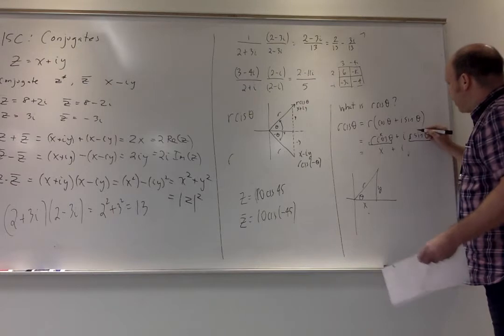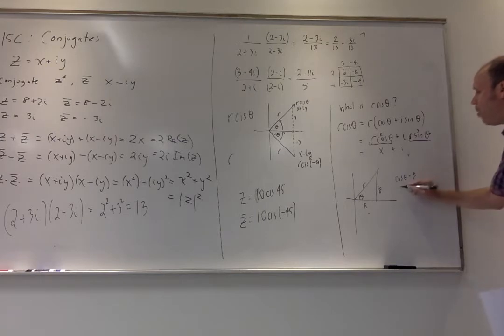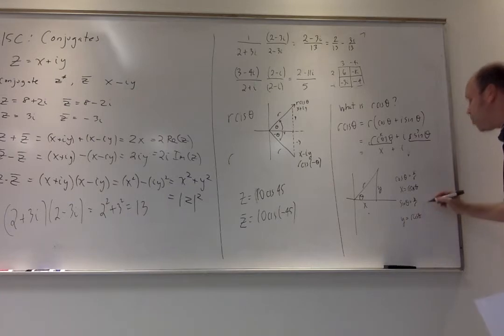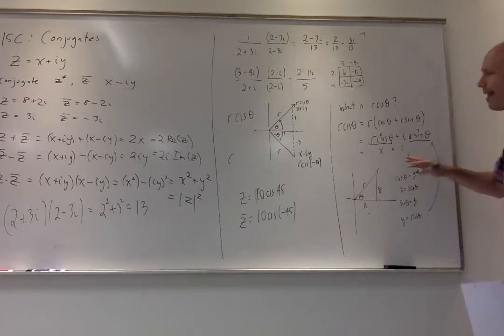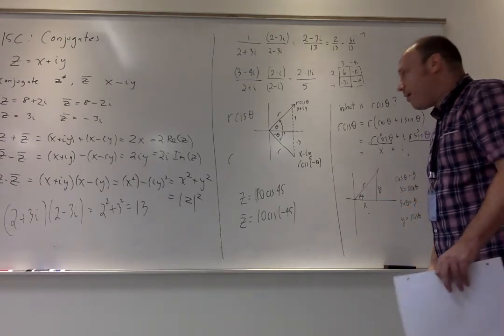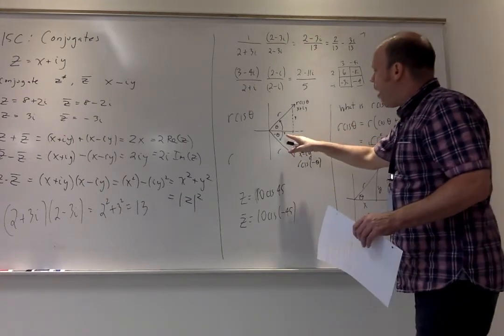Because cosine of theta equals x over r, so x equals r cosine theta, and sine of theta equals y over r, and so y equals r sine theta, and we just substitute it back in here. That's the idea, so keep that in mind also.